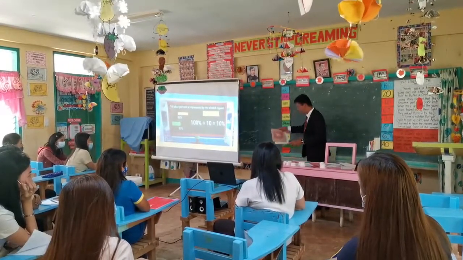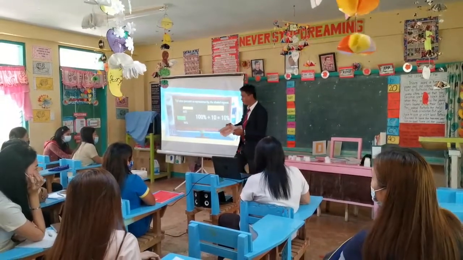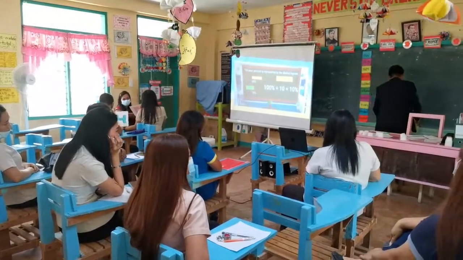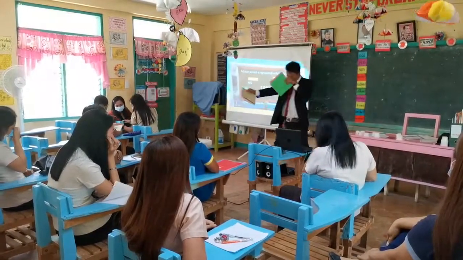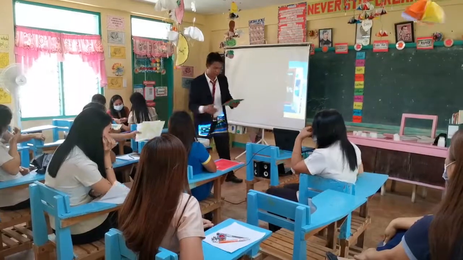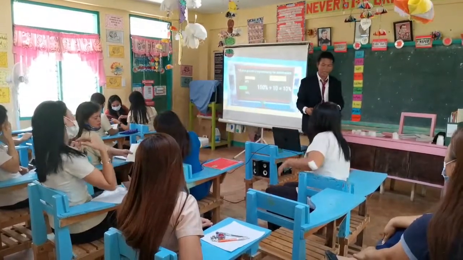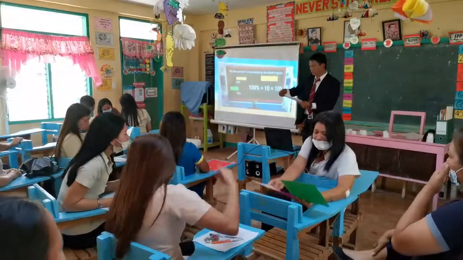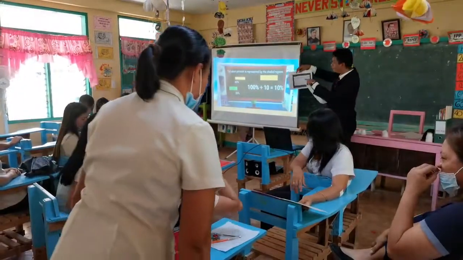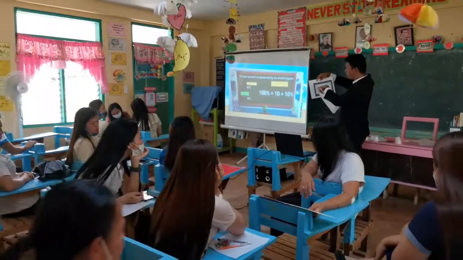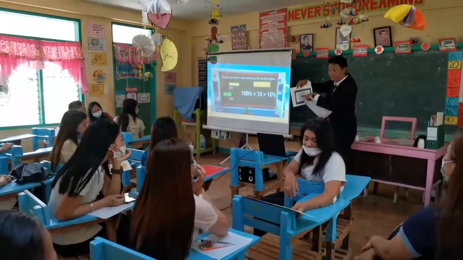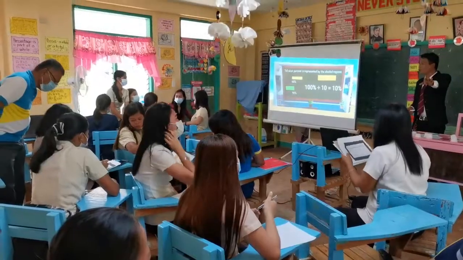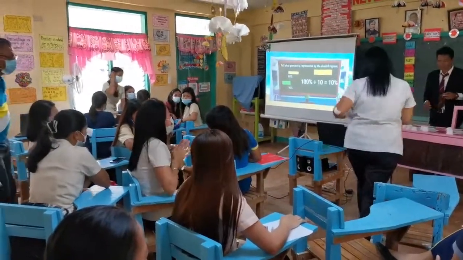The first group, you have letter D and I. Then the second group is O and N. And the third is I and E. So you're going to identify the color, the shaded part, then the number of shaded, the decimal, the fraction, and percent. Group 3 is ready. So it's time for you to start.